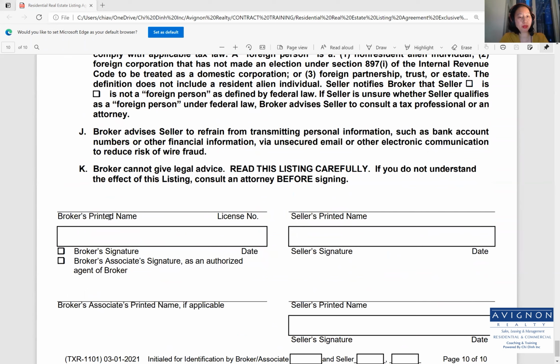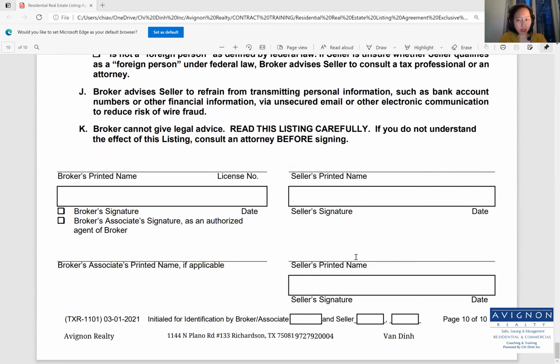Then broker, we need to print their name, license, broker, either sign here or broker associate signature as authorized agent of broker. One of those signatures will need to go here. Then broker associate's printed name if applicable. And then over here, seller printed name, seller signature. If there are multiple sellers, then there are 2 spaces here, broker or associate initial here, and then seller initial.